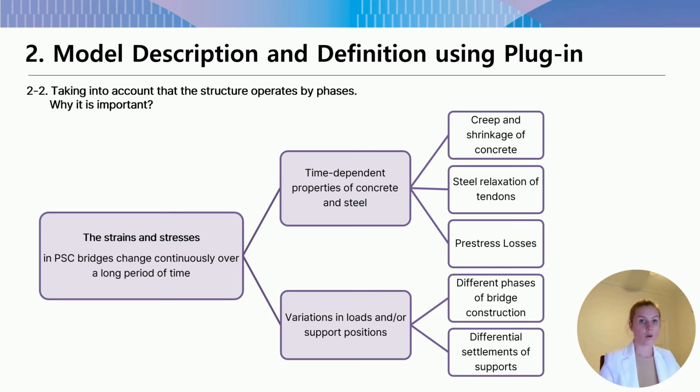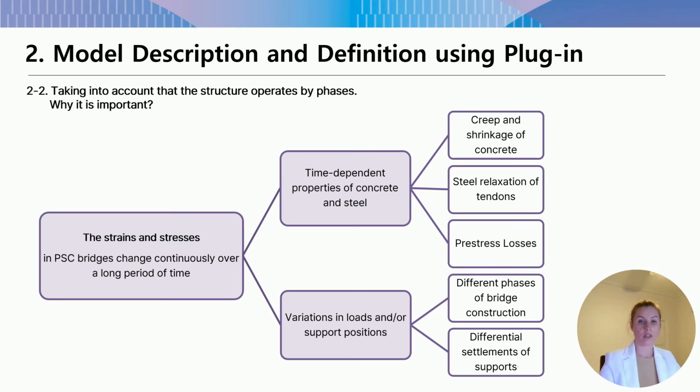What we will get using the construction stages function: it gives an analysis of the stress state of the intermediate stages of the structure. For example, the span without asphalt at the stage where we just have stressed the concrete. Without asphalt, it's possible to exceed the permissible value of stresses.